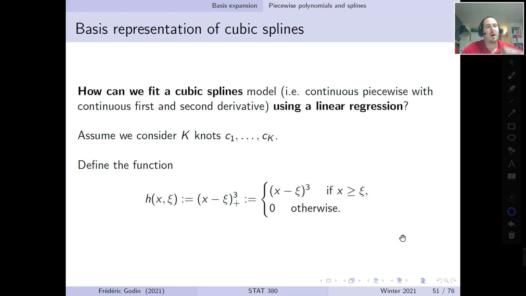Okay, so now the question that emerges from this is how can we fit a cubic spline? So let's say we have a cubic spline function that we want to fit, and we'd like to determine coefficients beta for a given data set using linear regression.